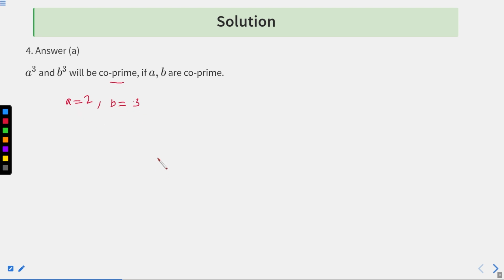Now you can check that 2 and 3 are co-prime, since the GCD or HCF of 2 and 3 is equal to 1.